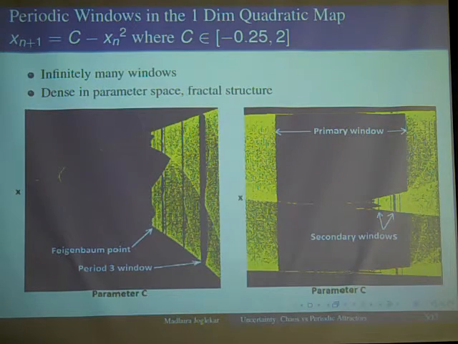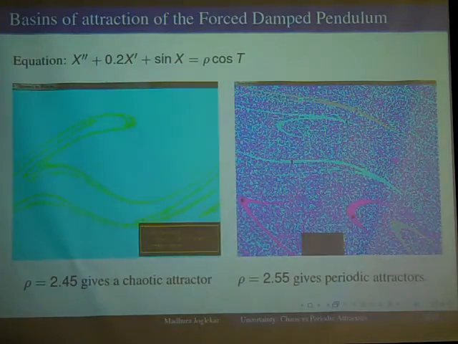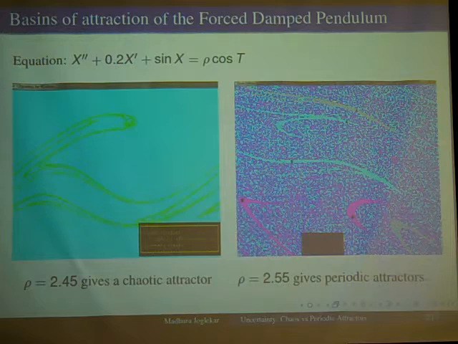I think of your very first picture that you had of the movie. So the very first picture was for the four-well pendulum. If I look at that, the boundaries seem to get very, very complicated between the different attractors, and I'm wondering whether, if, for example, I moved rho from 2.55 down to 2.45, I would have the sense that within some small neighborhood of every point, you have different basins of attraction.